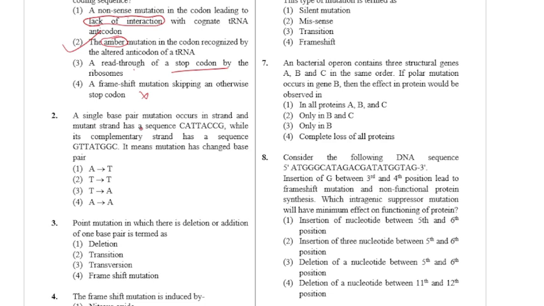Next, a single base pair mutation occurs in a strand, and the mutant strand has the sequence CATT-ACCG, while its complementary strand has the sequence GAGTT-ATGGC.